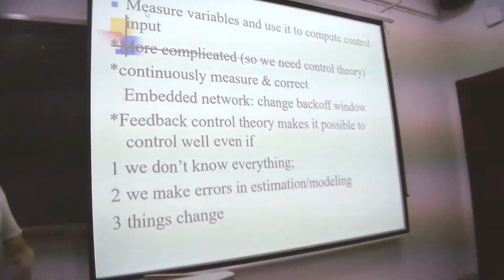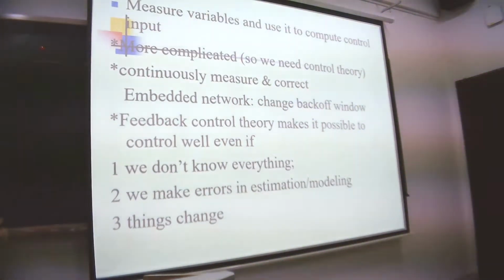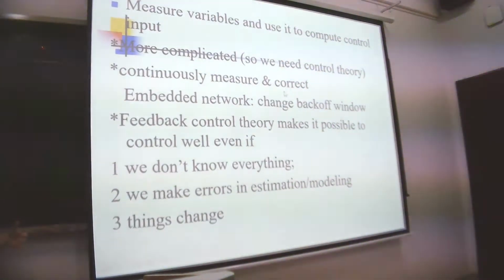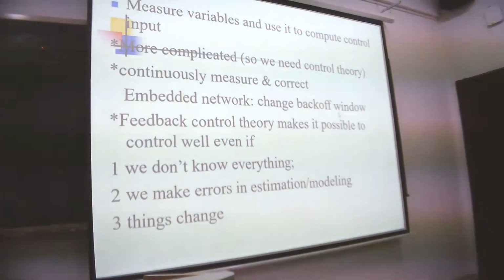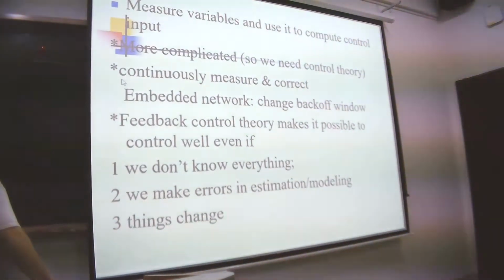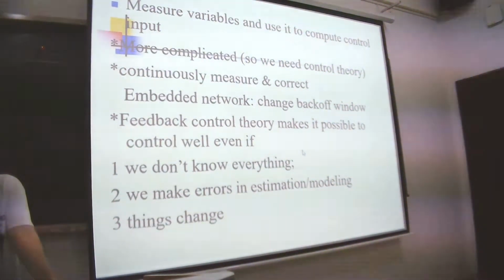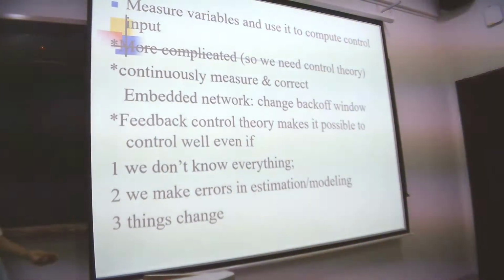We can see the measurement variables are used to compute the control input. And to be more complete, the control system needs continuous measurement and query, and the embedded network changes the feedback window. And the feedback control system makes it possible to control even if we don't know everything.